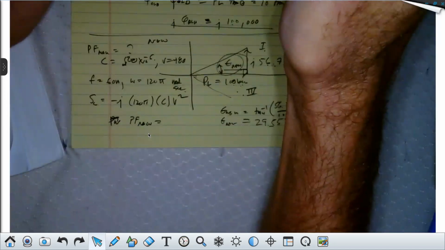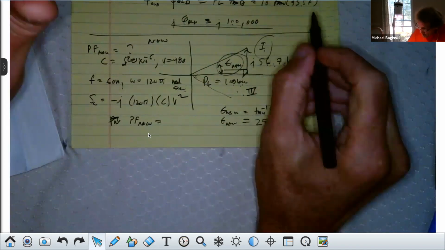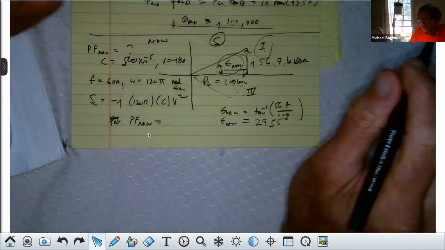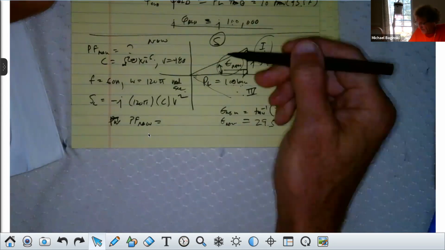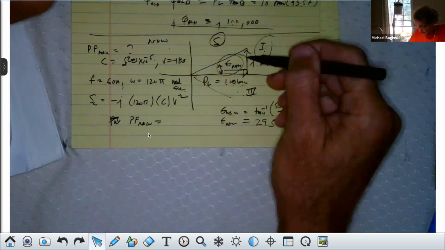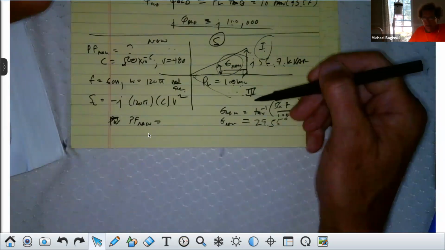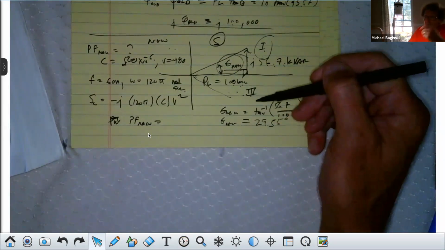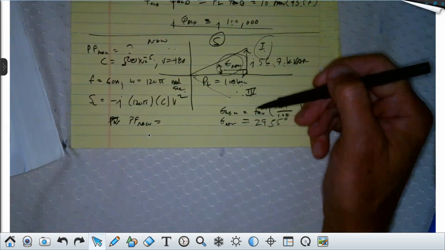So if it's in the first quadrant, if it's complex power, not current, then it is lagging. If it's in the fourth quadrant down here, and again, I'm going counterclockwise, 1, 2, 3, fourth quadrant, then it would be leading power factor because the current will be leading the voltage. Okay, whoever asked that, good? Thank you.